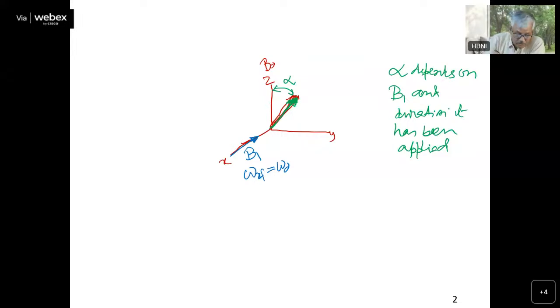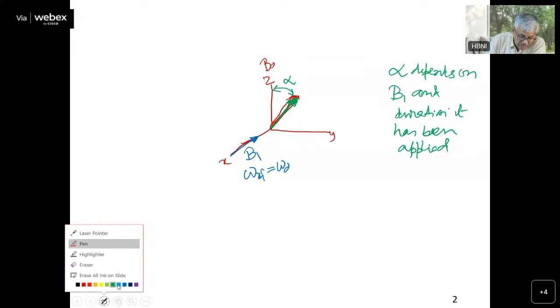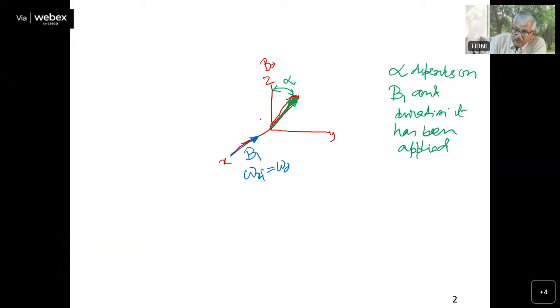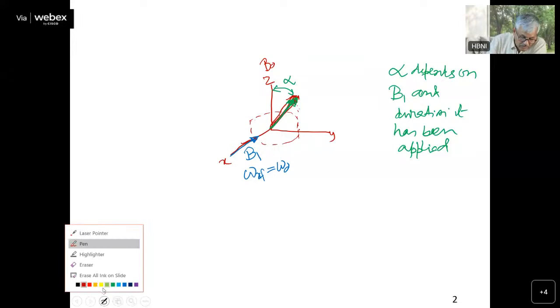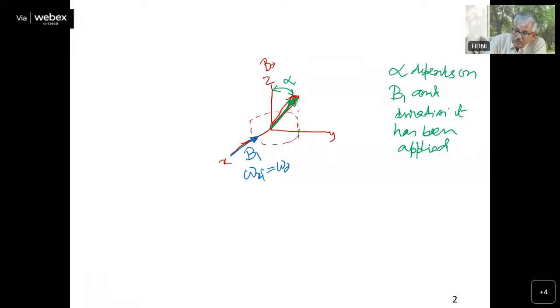Now because of this, you will see a component in the XY plane. So this will be your MXY component.